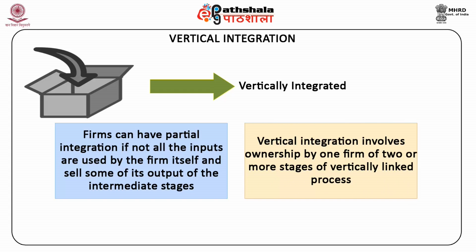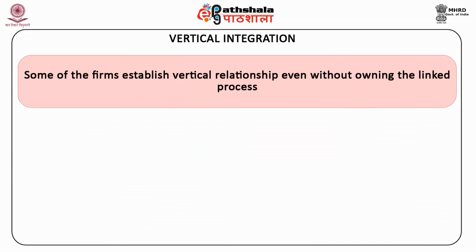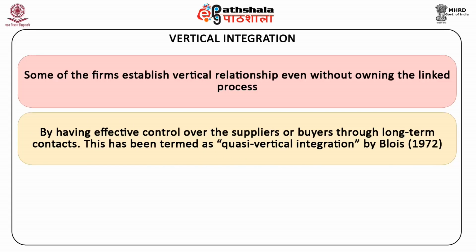Vertical integration involves ownership by one firm of two or more stages of a vertically linked process. The more the number of stages owned by the firm, the greater is the degree of integration. Some firms establish vertical relationships even without owning the linked process. They do so by having effective control over the suppliers or buyers through long-term contracts.